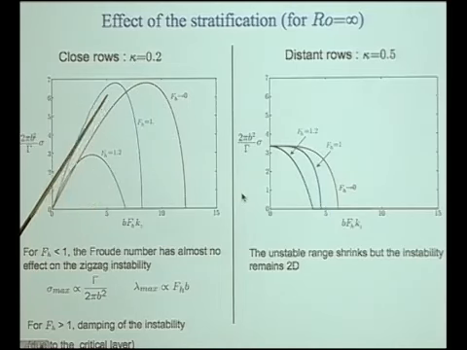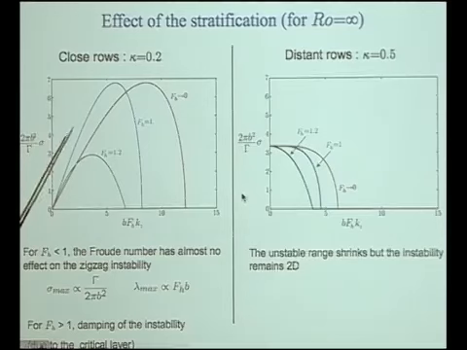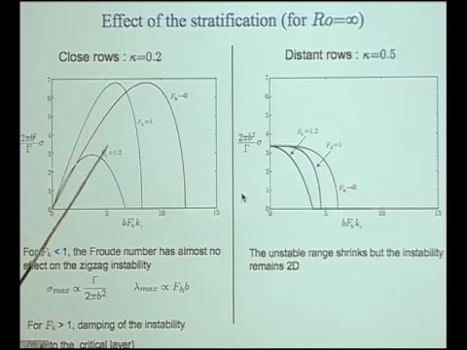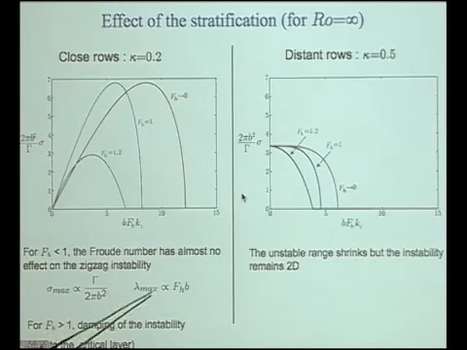Now let's look at the effect of the stratification. When we vary the Froude number from 0 to 1, there is not much change. The maximum growth rate remains the same, and the wave number changes a little, but not very much.